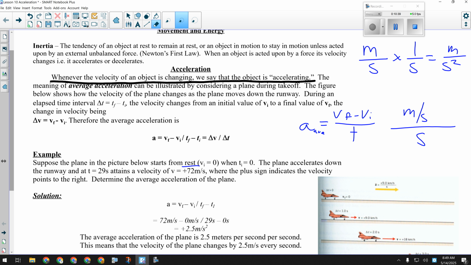Then it stops. What's Vf? 0. Rest always means stopped. If you start from rest, then your initial velocity is 0. If you come to rest, then your final velocity is 0. It's just different ways of saying that, rather than the object stops. In physics, we use comes to rest, or if it's standing still when it starts, we say starts from rest. It's just a physics way of saying that.